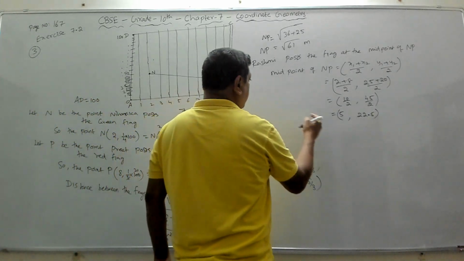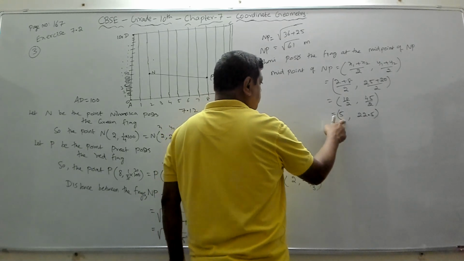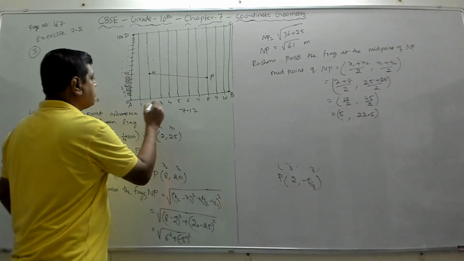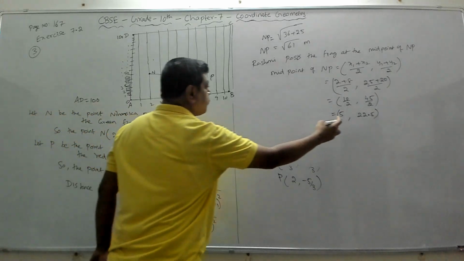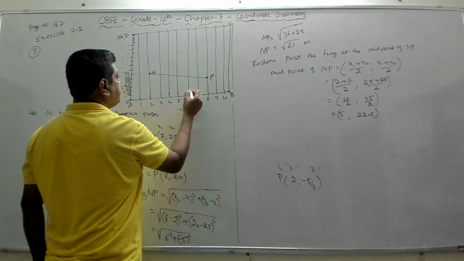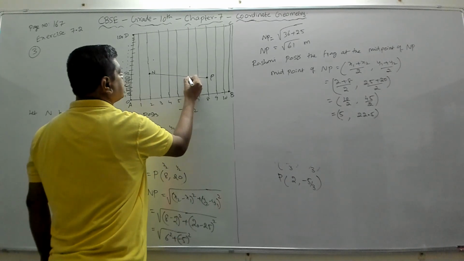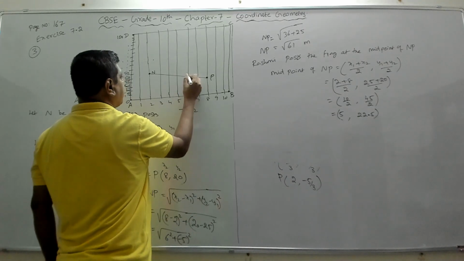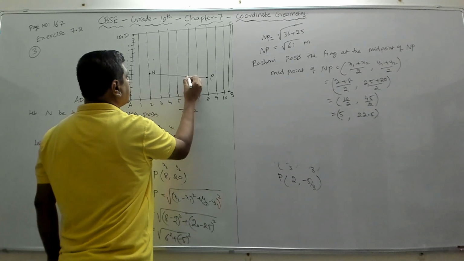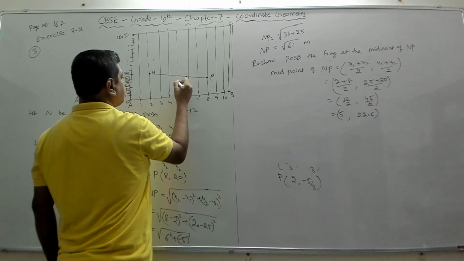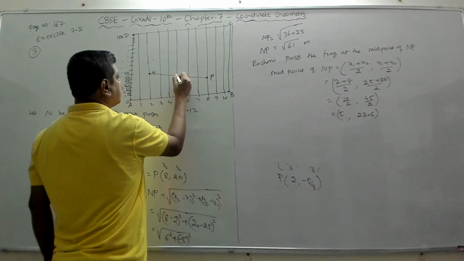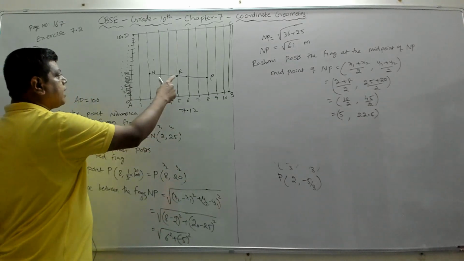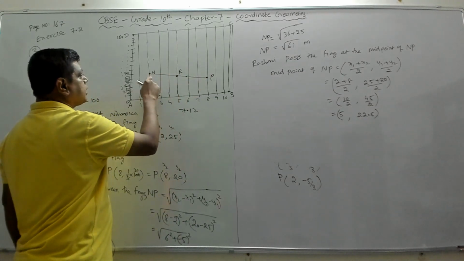So what point is she going to post at exactly? She is going to post it at the 5th lane. This denotes the lane, 5th lane, and at a distance of 22.5 meters, somewhere here. This point, the 5th lane here, is exactly where Rashmi is going to place her flag, which is exactly the midpoint of this line segment NP.